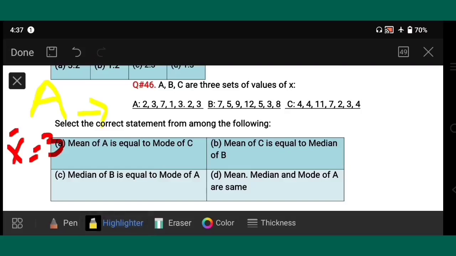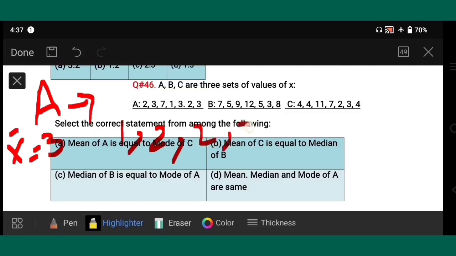Next, B. For A, we are going to find the median. For the median, we just arrange the values in ascending or descending order. Let's arrange in ascending order. The lowest value is 1, then 2 two times, 3 three times, and 7 one time.